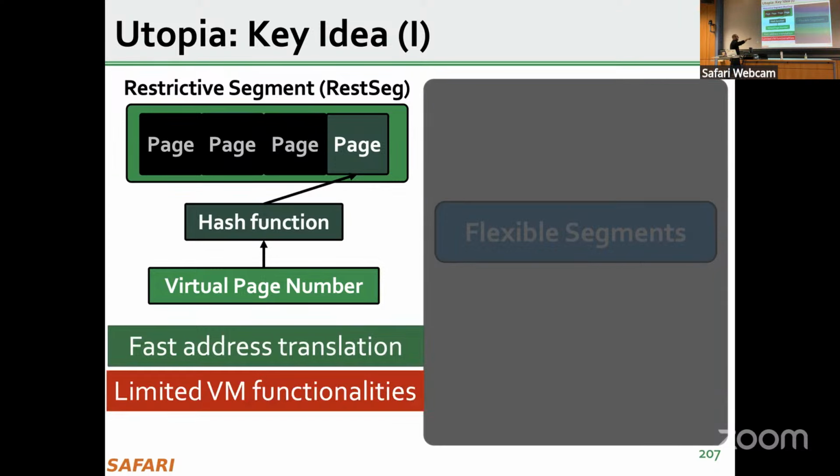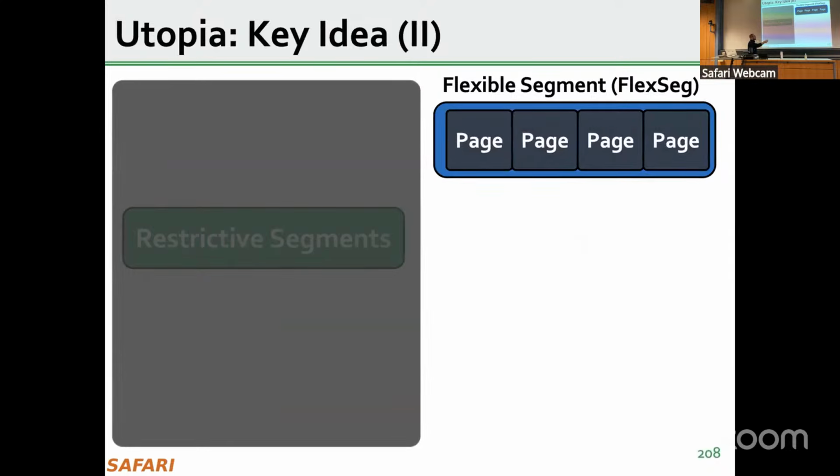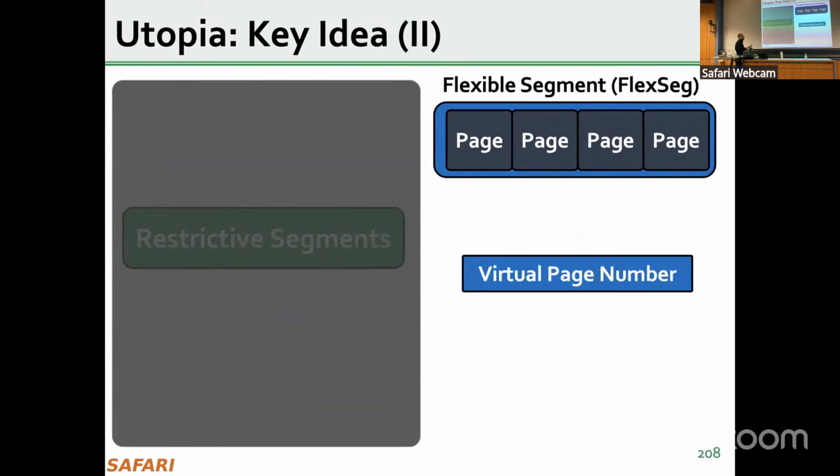Because if I have 2 different virtual page numbers, I cannot make them point to the same physical page, which disables optimizations such as data sharing. On the other hand, we have flexible segments, which work the same way that we described before. A virtual page number needs to go through the page table to figure out where it can sit in the physical address space. And using the page table, because we have a dictionary, we can place it wherever we want in the physical address space.